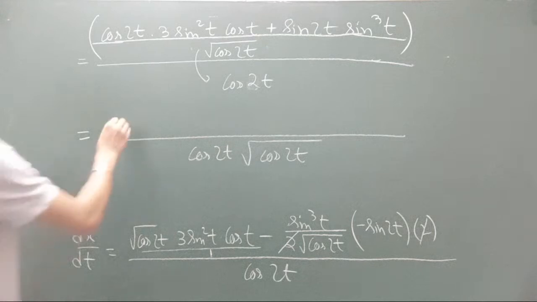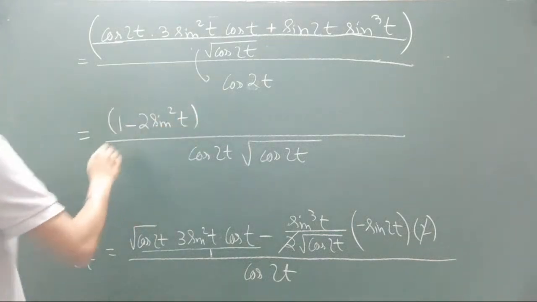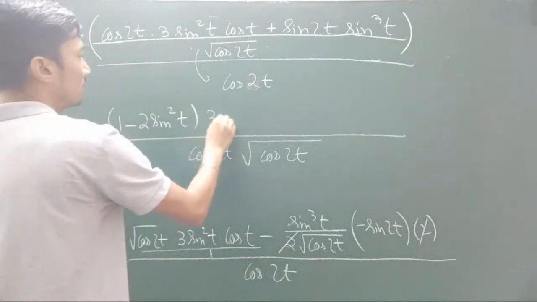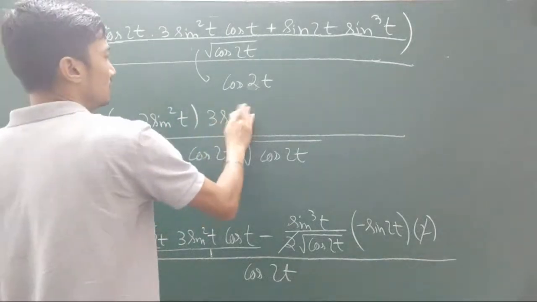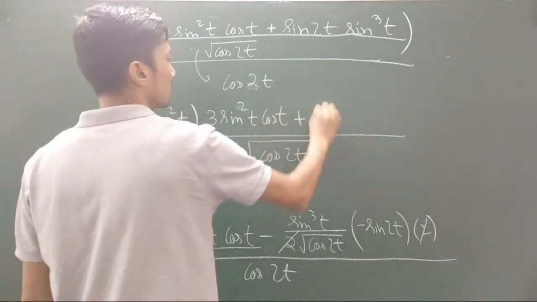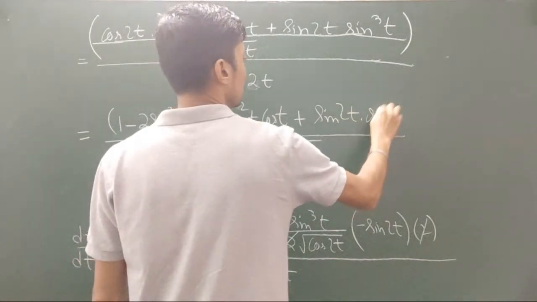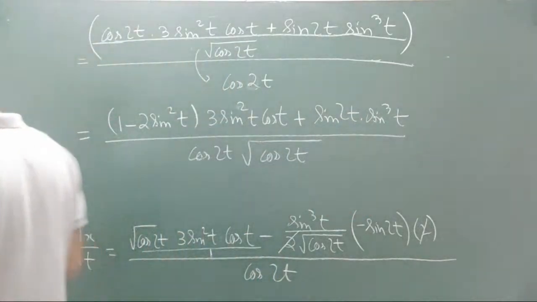So cos 2t can be written as 1 minus 2 sine squared t. I'm just trying to group, have a common group. 3 sine squared t cos t plus sine 2t sine cube t.